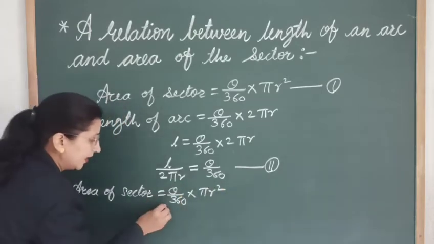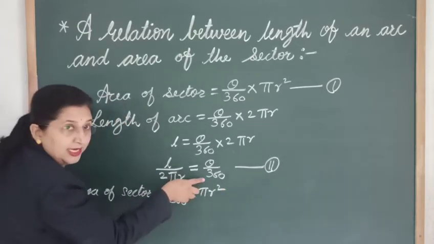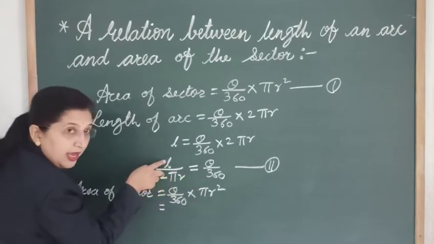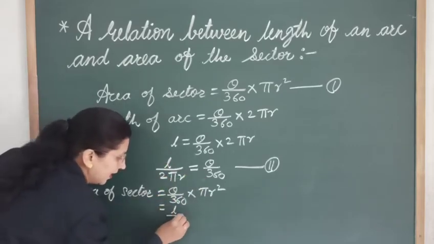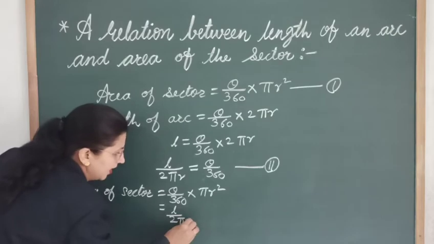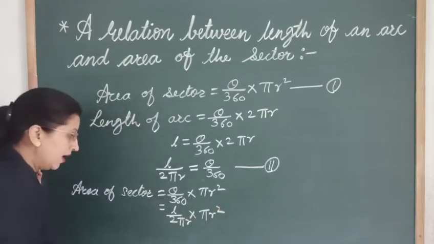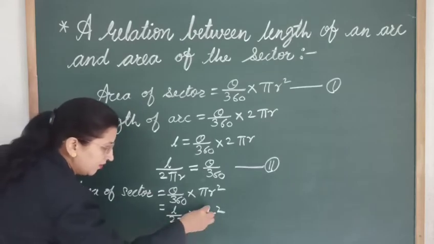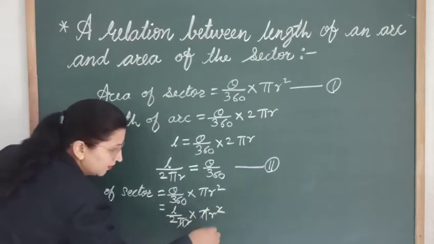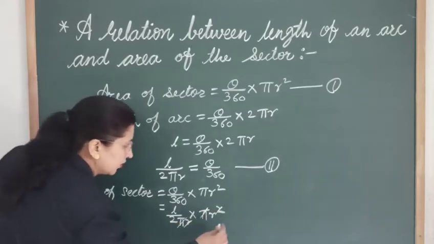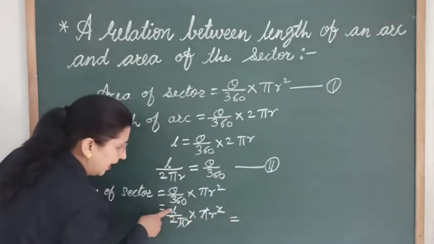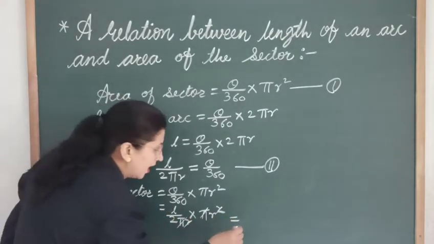Okay. Now here, instead of this theta upon 360, let's put L upon 2 pi r. L upon 2 pi r into pi r square. Okay. Now here this pi will get cancelled and one of the r. Okay. So what remains now? L and here 1 r.